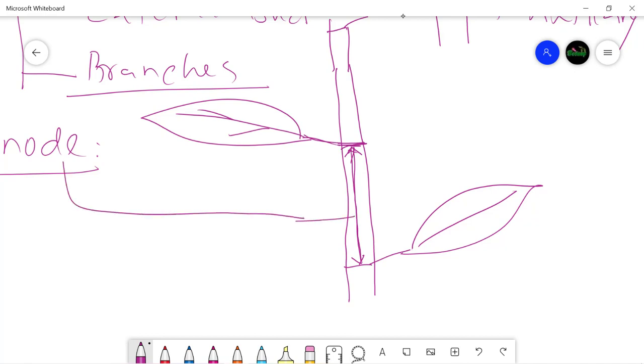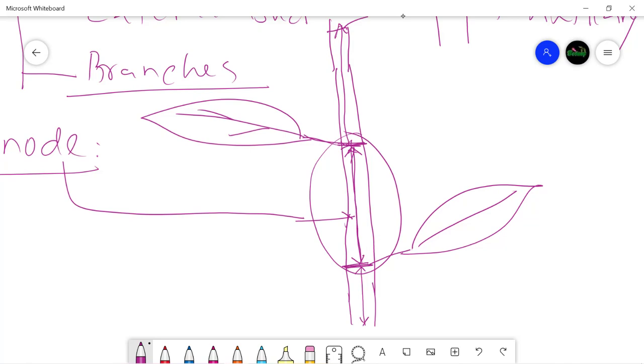Similarly this is also an internode, and the area between this node and the node below it is also an internode. How many internodes a stem or branch contains depends upon its length. So simply, the area between two successive or two consecutive nodes is known as the internode.